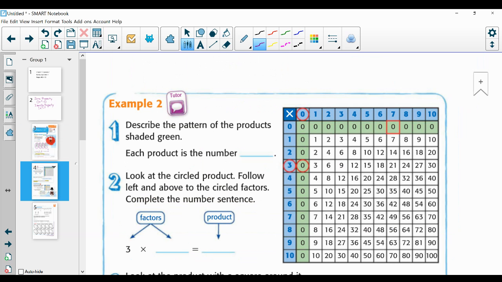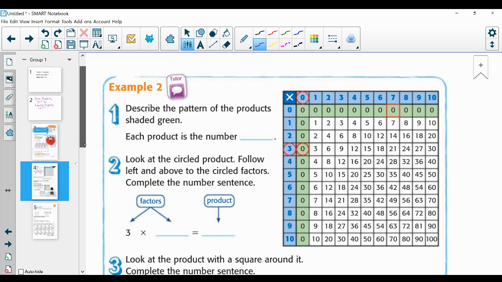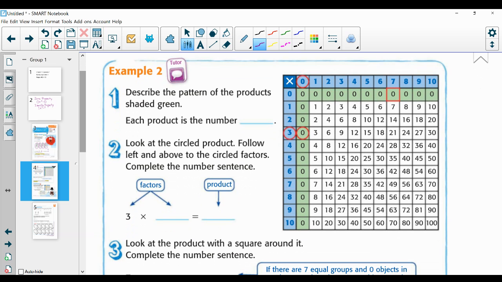Describe the pattern of the products shaded green. Each product is the number what? So let's look at the green shaded product right here. Okay, all of these here are all what?